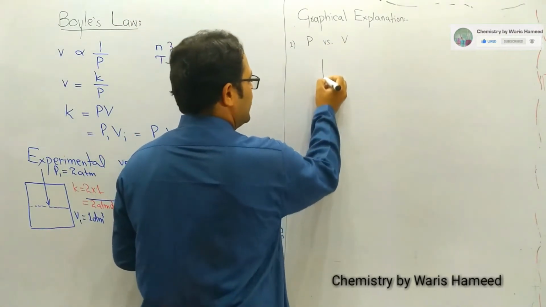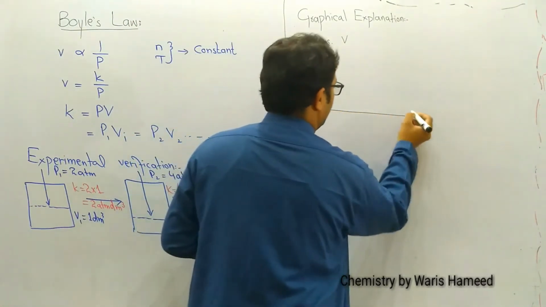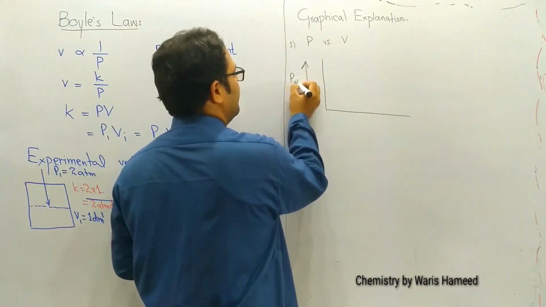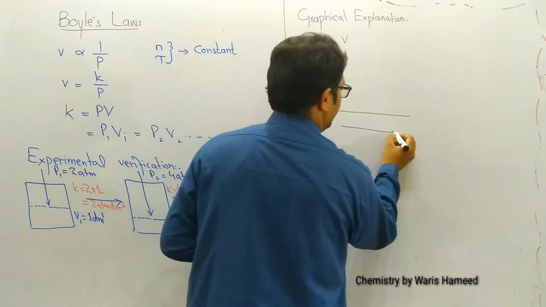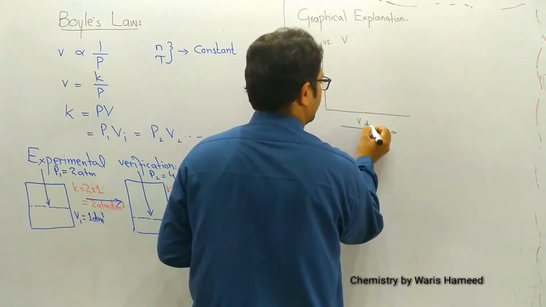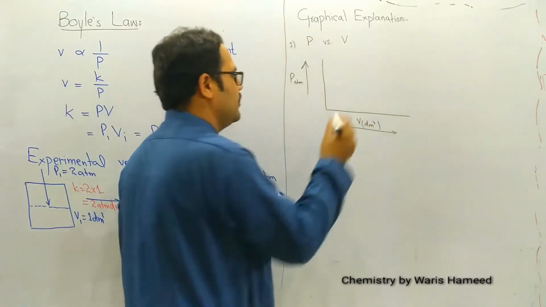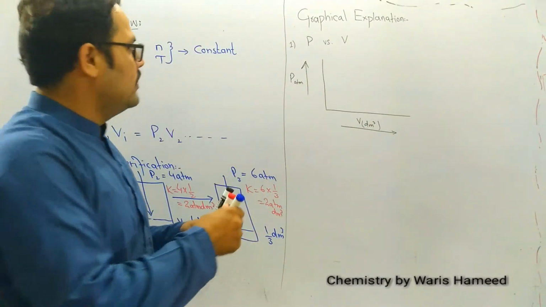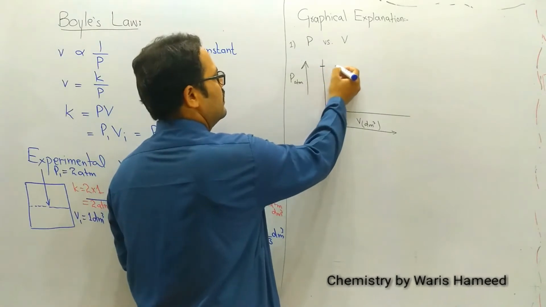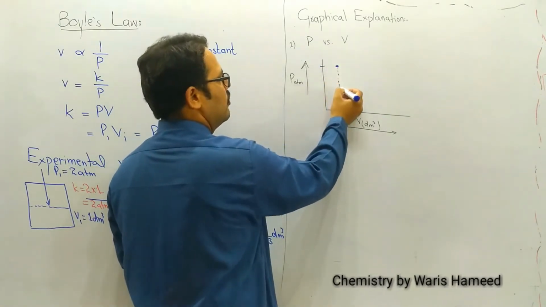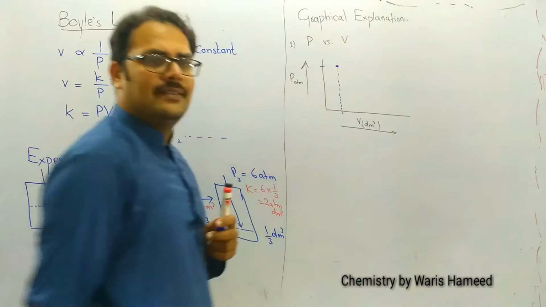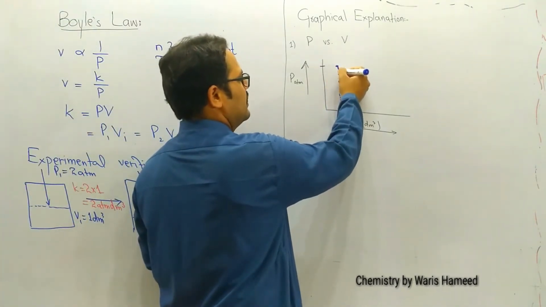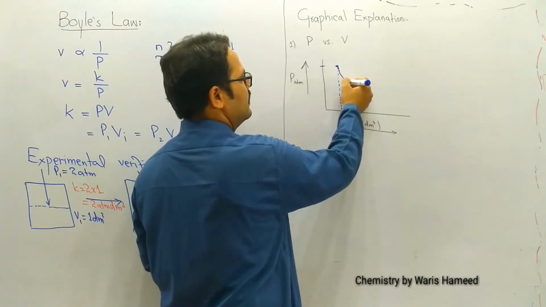We take pressure on the y-axis, pressure in atm, and volume in dm³. At high pressure, the volume will have a lower value, or it is decreased. If we decrease the pressure, the volume increases.